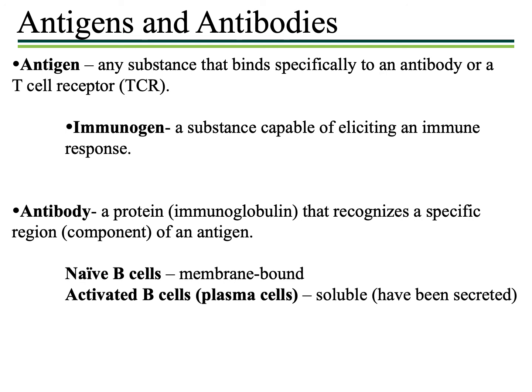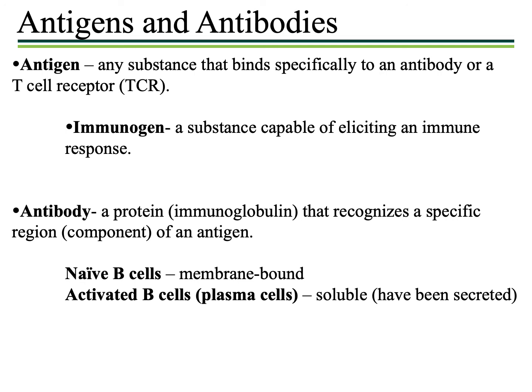For naive B cells, the antibody is in fact membrane bound. We also find membrane associated or membrane bound antibodies with memory cells. And the activated cells, which are also referred to as plasma cells, are produced once that first interaction with an antigen takes place.